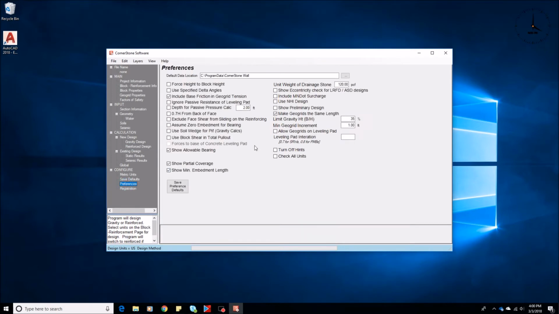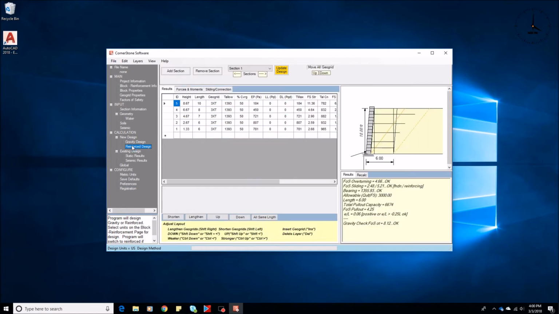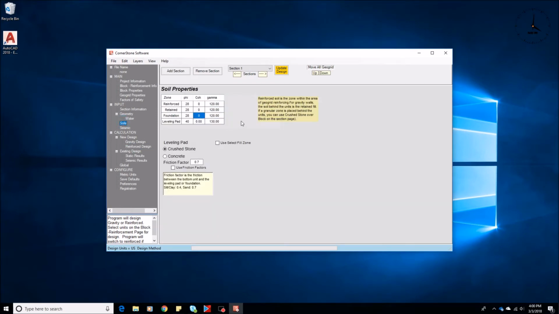Something we haven't talked about in preferences is make geogrids the same length. With the NCMA design, it wants to extend the top grid 1 foot beyond the failure plane, and when it does so, it makes all the geogrids that same length. If we turn that preference off, then the geogrids will just follow the failure plane as we go up through the slope. Interesting.